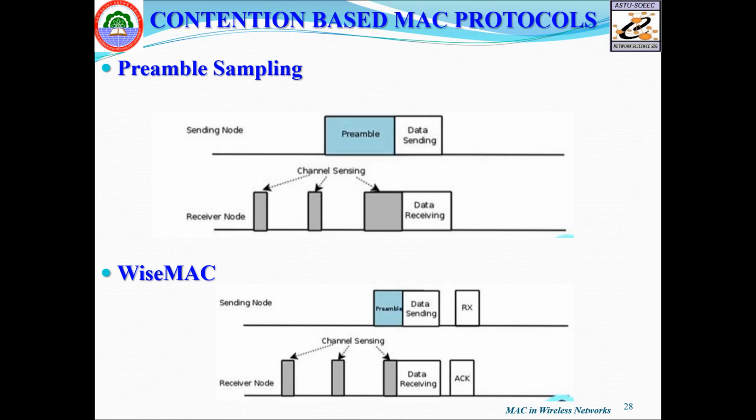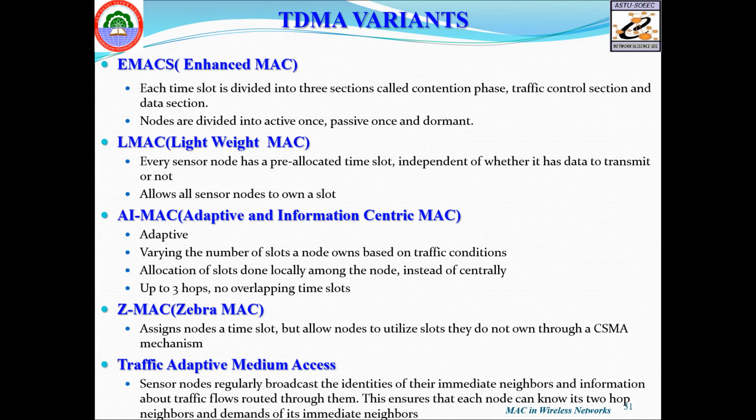But in addition to the preamble sampling, the data sending and receiving scenario, we also have acknowledgements sent back by the receiver node for every data unit it receives from the sending node. So only WiseMAC sends acknowledgements, while in preamble sampling there are no acknowledgements.